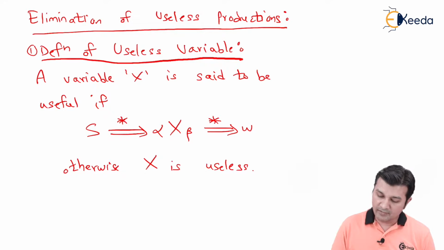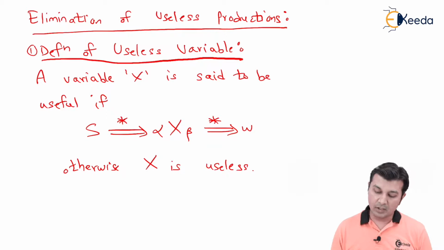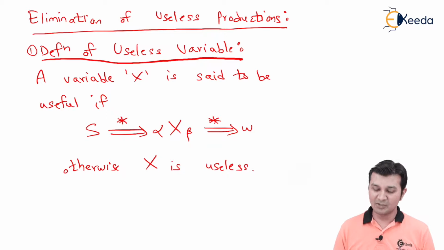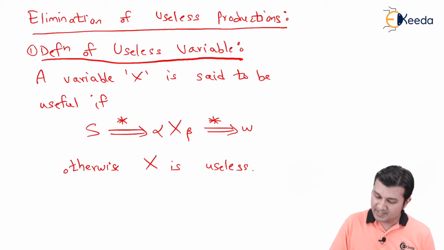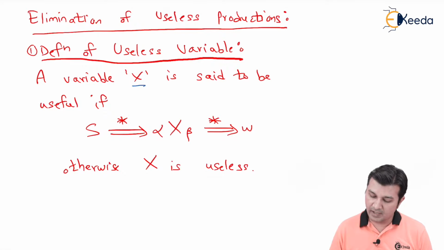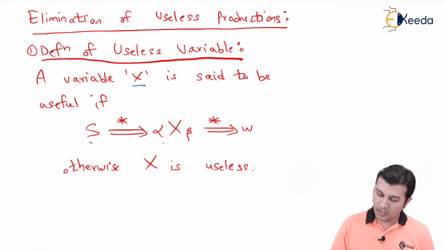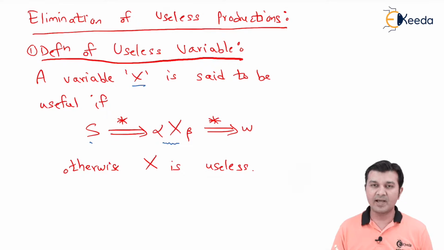So looking at the definition of useless production, I say a variable x is said to be useful. So the definition is in the vice versa manner. It says a variable x is said to be useful if I start from the start variable s and, using some of the production rules available, that is alpha x beta, that is a way of representing the definition.